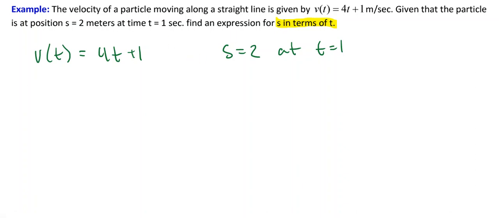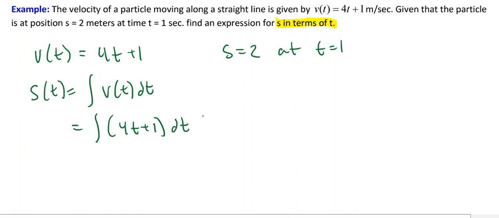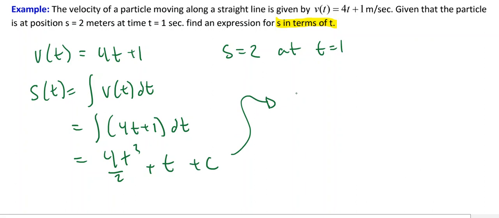The position function is the antiderivative of the velocity function with respect to time. So it is the antiderivative of 4t plus 1 dt, which is 4t squared over 2 plus t plus c. That simplifies to the position function 2t squared plus t plus c.